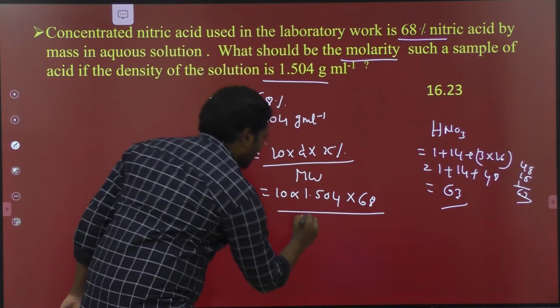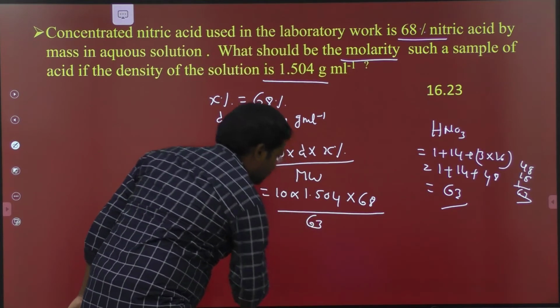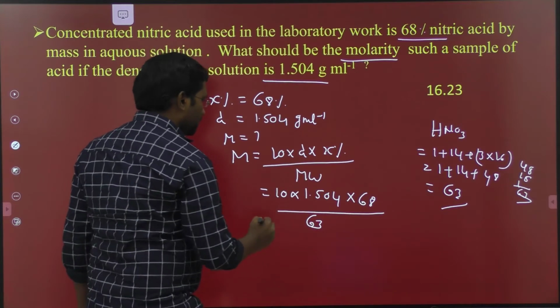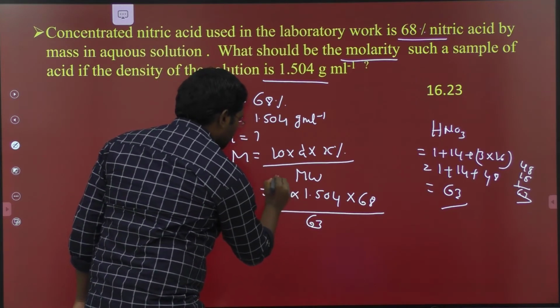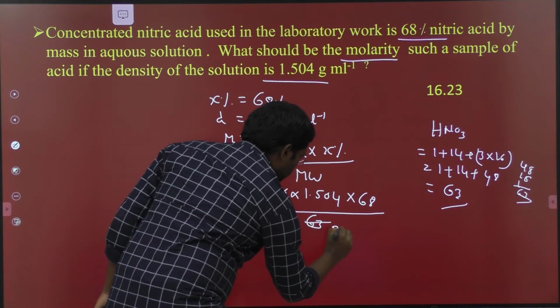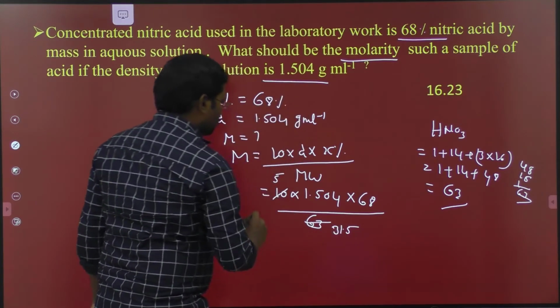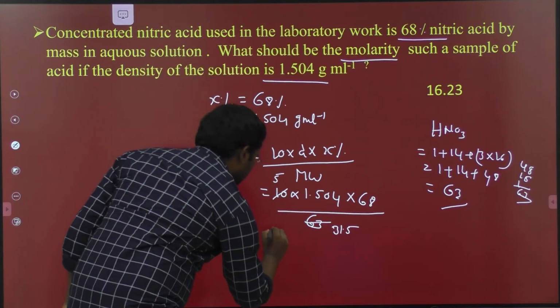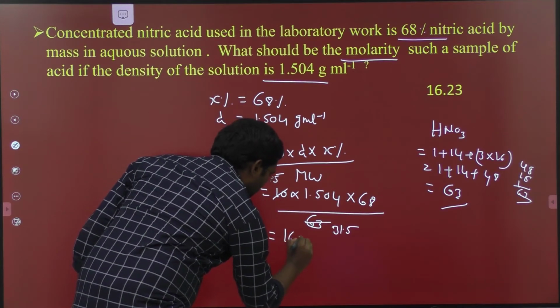Therefore molecular weight of nitric acid is equal to 63. So simplification gives approximately 16.23.